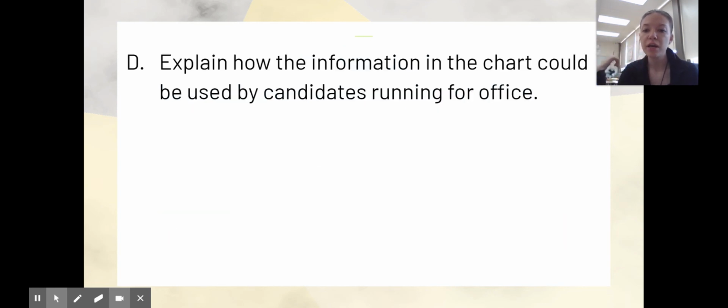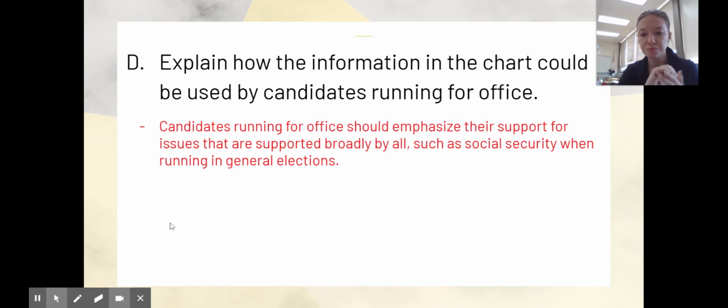All right, so explaining how the information in the chart could be used by candidates running for office. We could look at this a couple of ways. Let's say the candidate wants to appeal to a much broader coalition, a much broader voting base. Candidates running for office could emphasize their support of those issues that we saw in the middle of that chart, right?